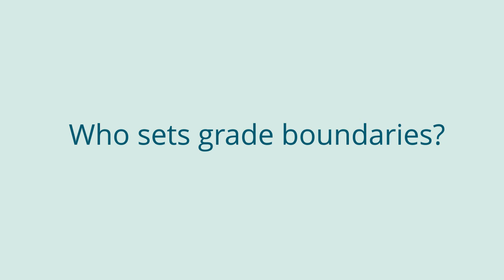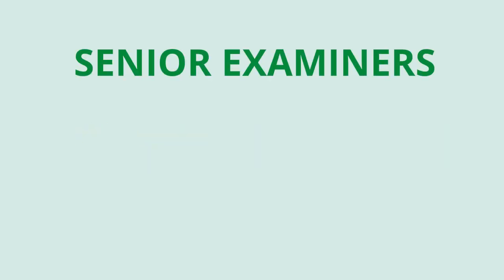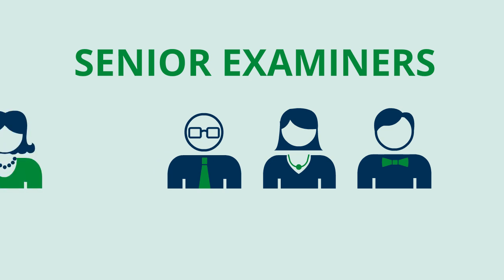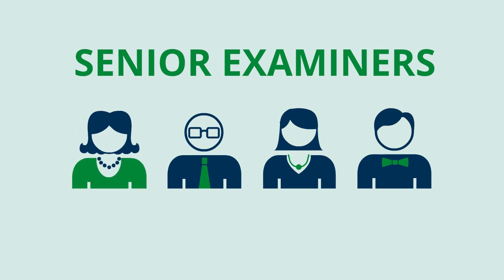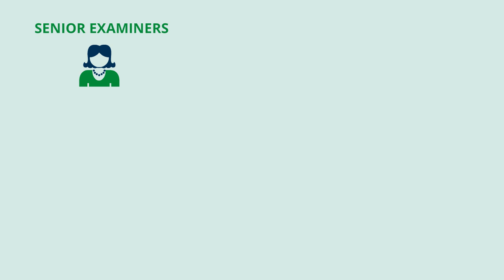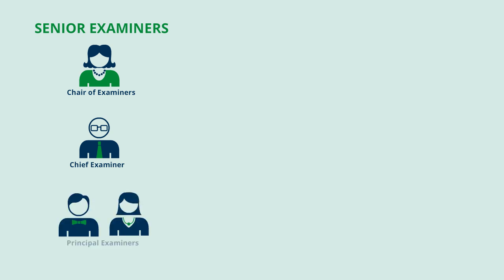Who sets grade boundaries? A team of senior examiners, who are subject experts, oversee the awarding process for each qualification, including someone who is accountable for the entire qualification, such as the chair of examiners, someone who is responsible for a number of different papers, such as the chief examiner, and people who are responsible for specific papers, such as principal examiners.